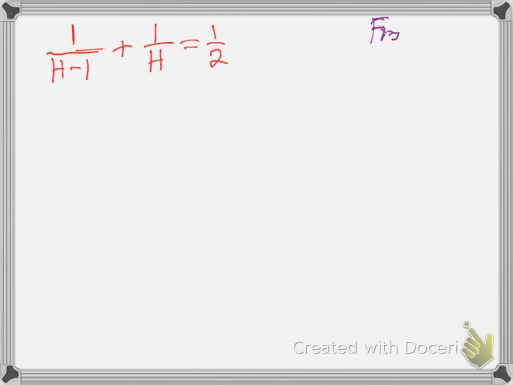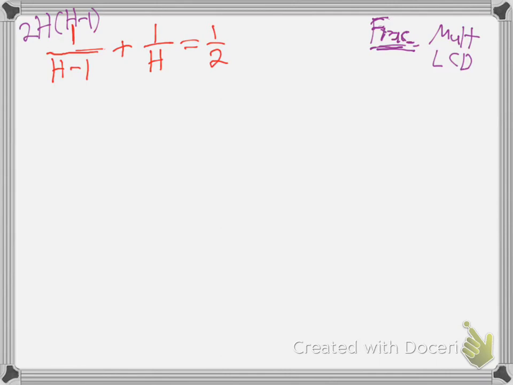All right, so what do we always do with fractions? We've done a lot of these now. We multiply by the LCD. What's the LCD? Here's a denominator, here's a denominator, here's a denominator. We use all of them. All of them together make the common denominator. So it's 2h(h minus 1).